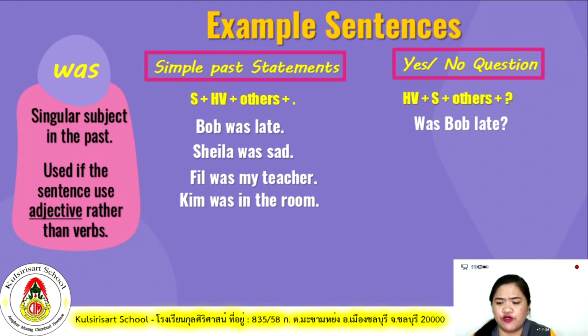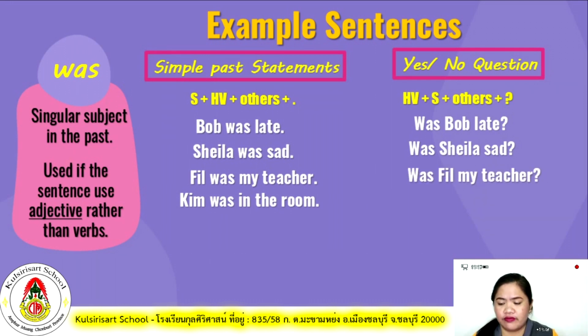If we are going to transform it into a yes or no question, it will become, was Sheila sad? Very good. Next, was Phil my teacher? And the last one, was Kim in the room?